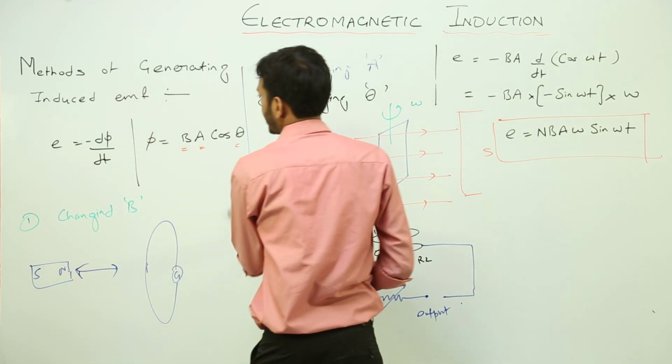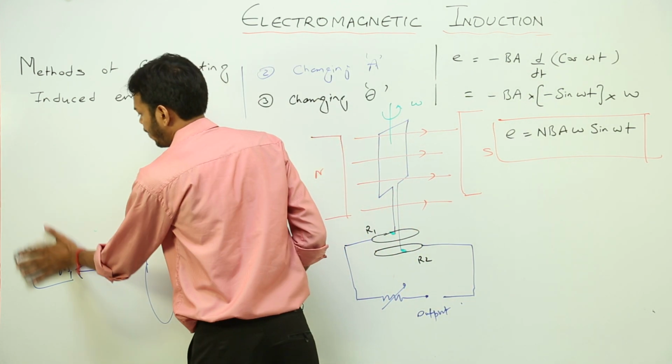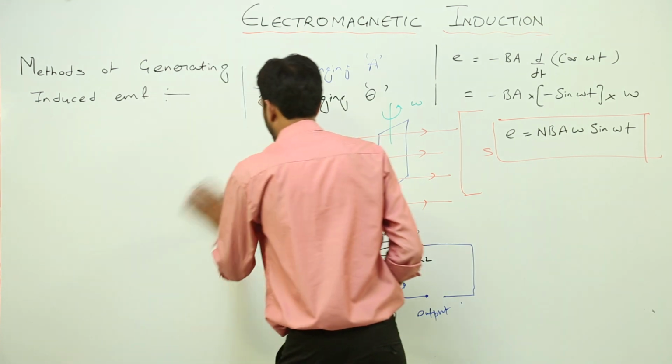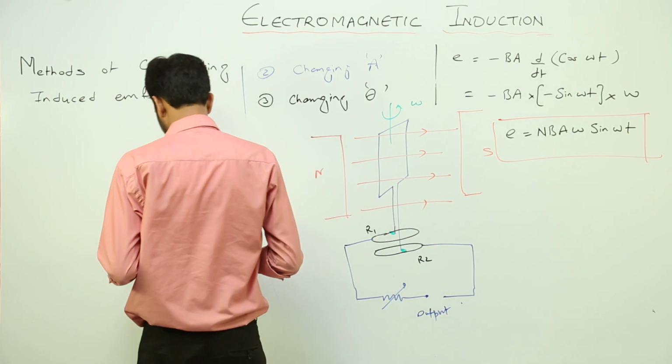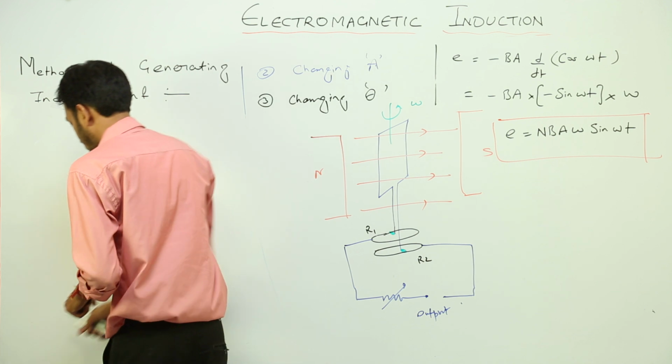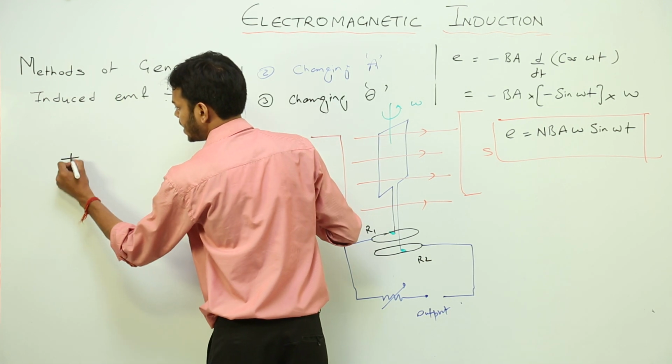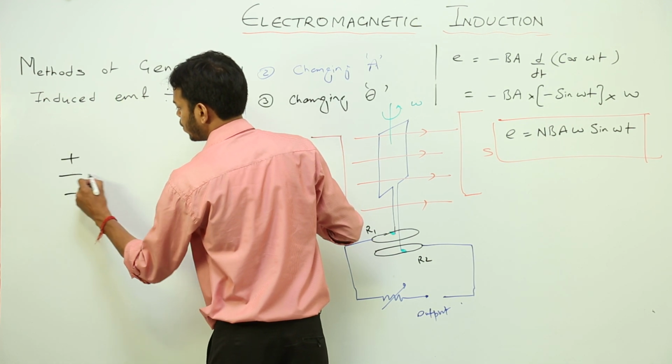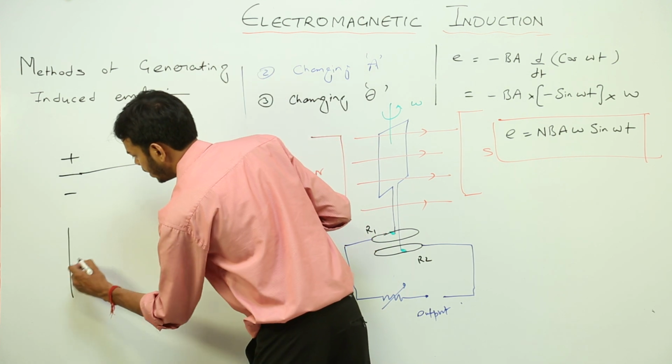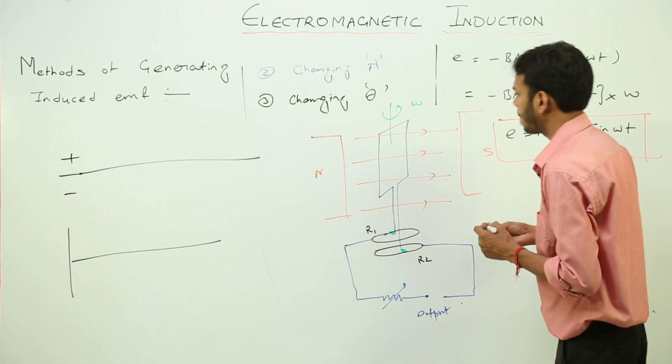I'll explain the working. We will also draw the phase relationship and the polarity of current flowing. We have to make a phase relationship, showing which part is positive and which part is negative, and we'll be drawing a graphical relation.